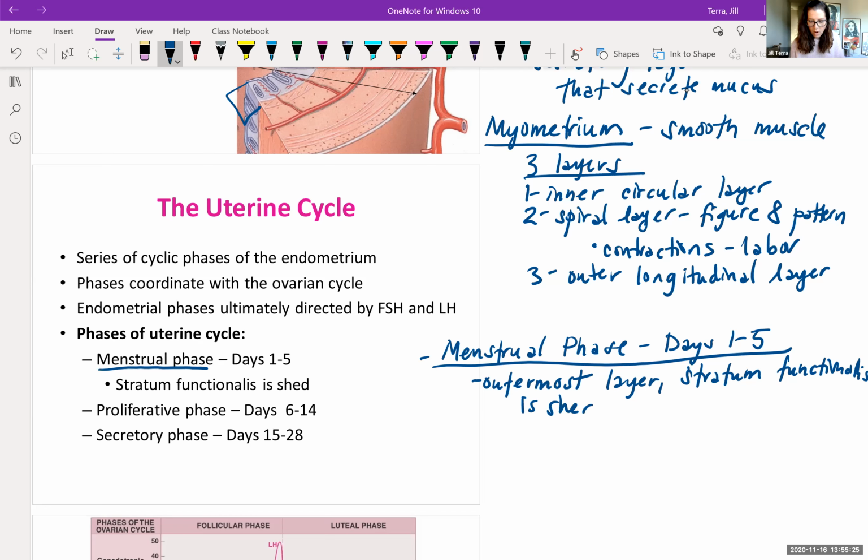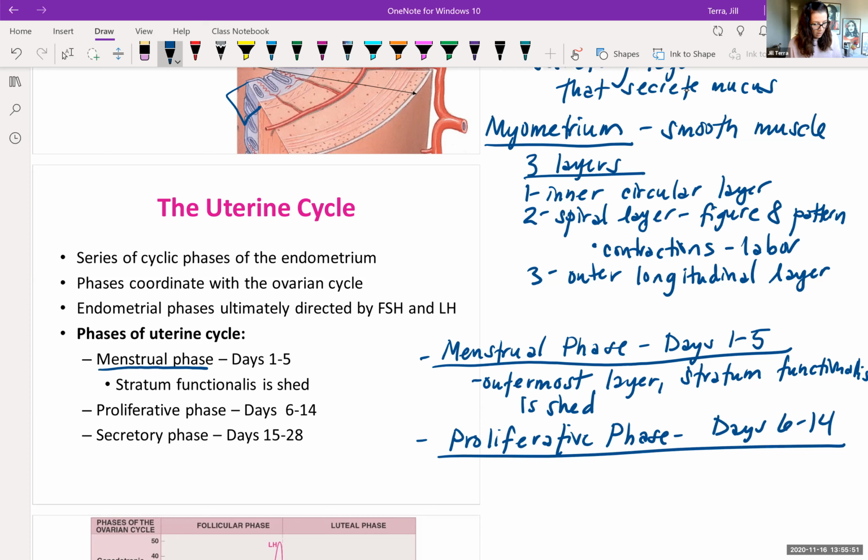The way we're designed is that each month we redevelop a new inner lining. We develop the new stratum functionalis of the endometrium. After it's shed, that leads us to the proliferative phase, which is days 6 through 14.